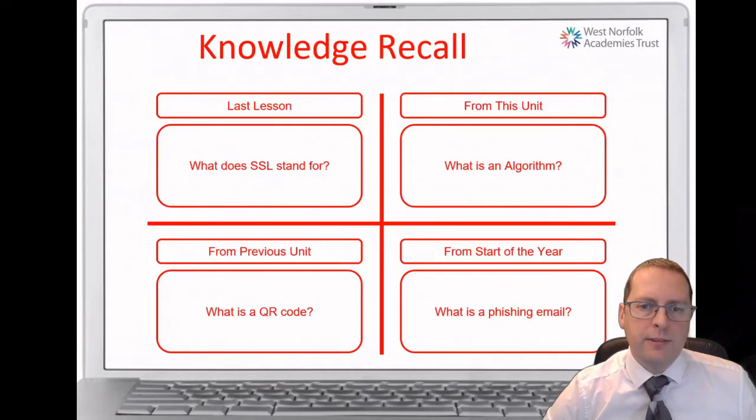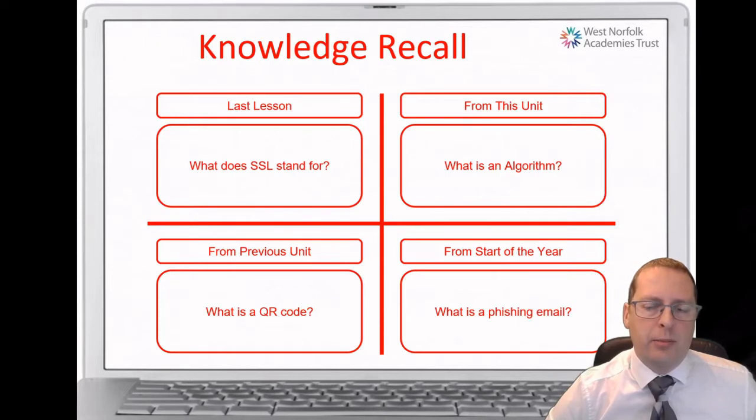So before we move forward with Scratch programming, let's have a little recall of our knowledge, and you need to be able to answer these questions in your ePortfolio. So what does SSL stand for? You can also, from this unit, explain what is an algorithm. Although we've not covered it in this unit, we have covered that previously in a different topic.